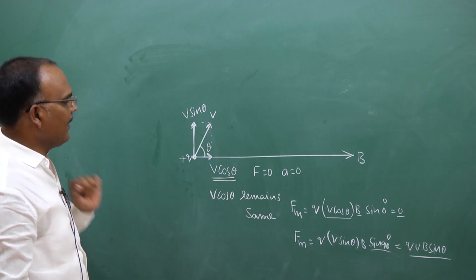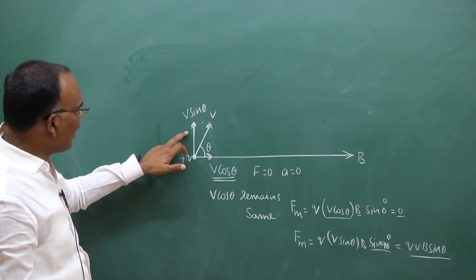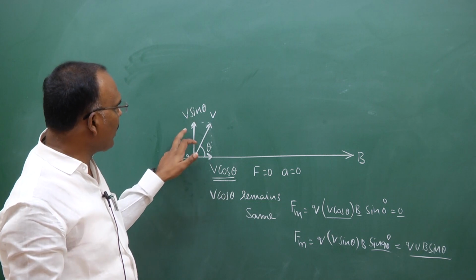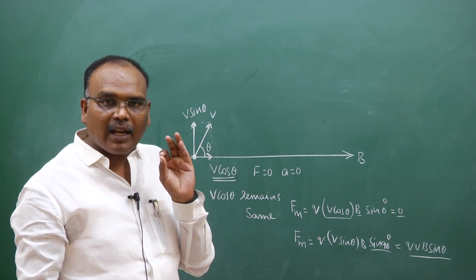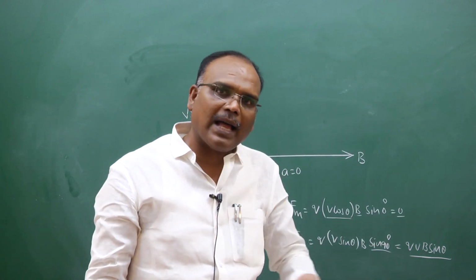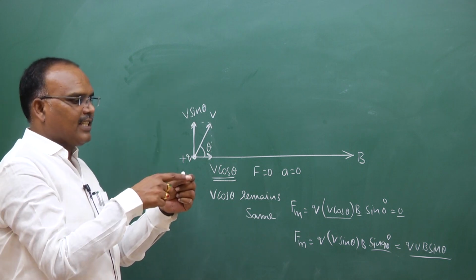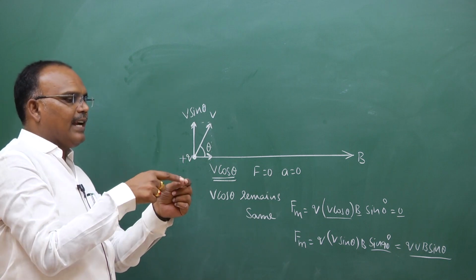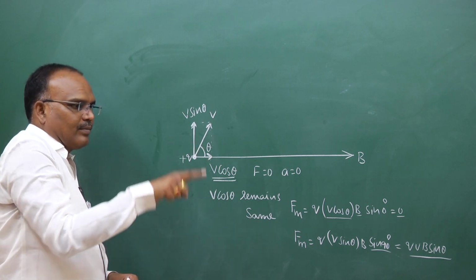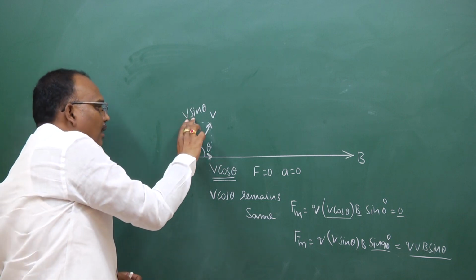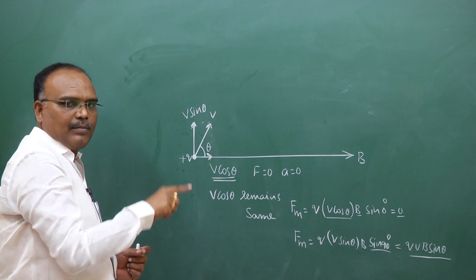The velocity component and magnetic field make 90 degrees, so the path traced by the charged particle is a circular path. The component is like this, the charge is like this, the force will act this side, so the charge makes a circular path like this. This component makes the charged particle move in a circular path.